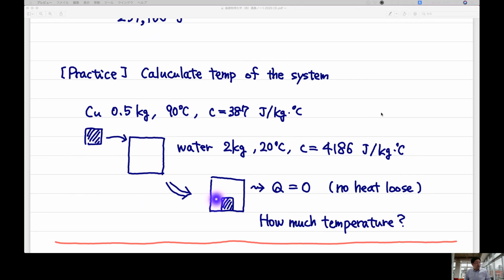The important idea is, no heat loss, Q equals 0.